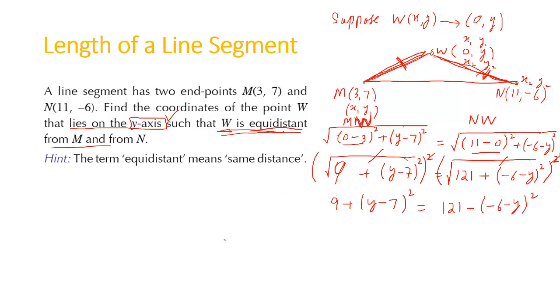Okay, now I will expand. It is 9 plus (y minus 7) square, meaning (y minus 7) into (y minus 7), equal to 121 plus (minus 6 minus y) multiplied by (minus 6 minus y).